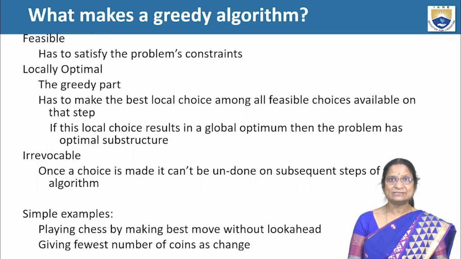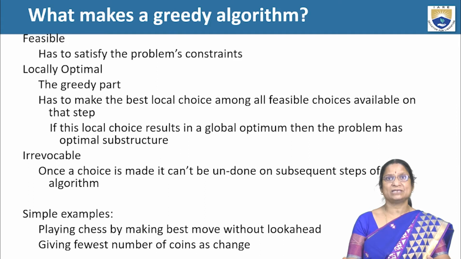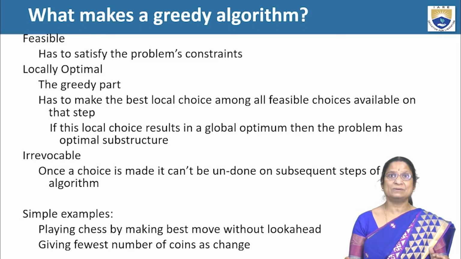One of the best solutions must be chosen by our algorithm. To do this, the greedy technique will always see what is the best at each step. That is the greedy part. Greedy means it has to make the best local choice. Of course, sometimes it may lead to the best global solution also, but sometimes it may not.